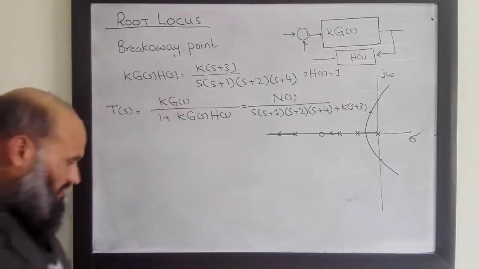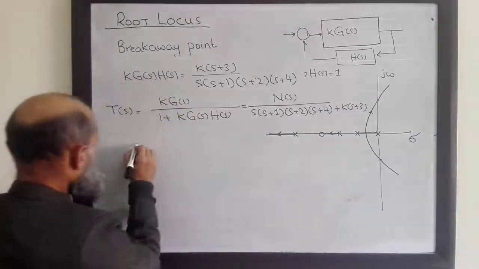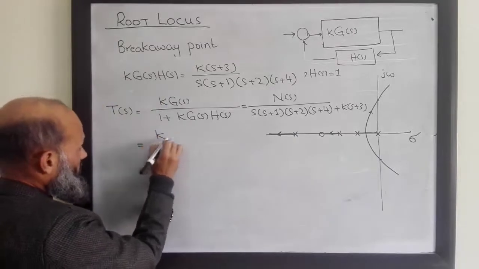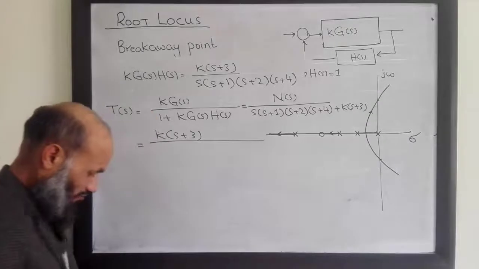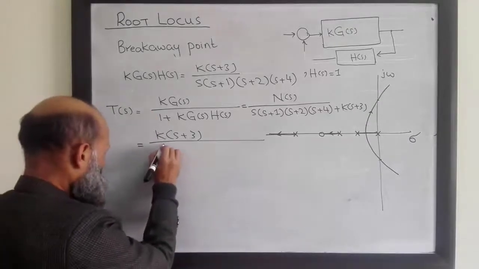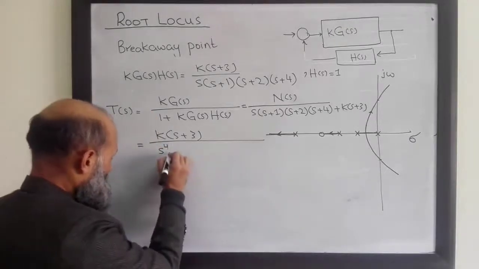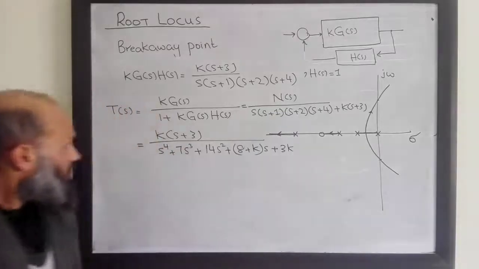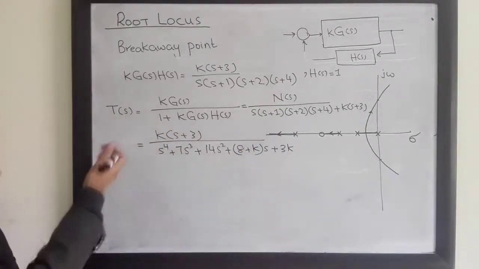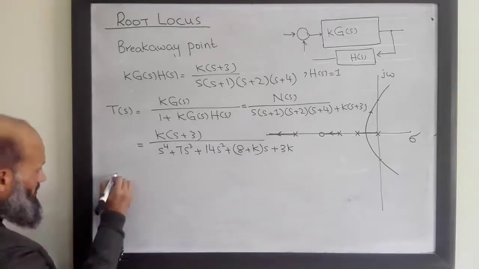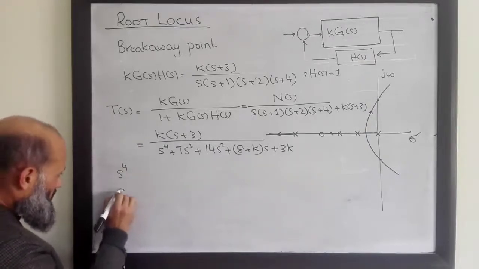If we rewrite it, this is given by k(s+3) over, after multiplication and simplification, s^4 plus... So after multiplication we get this expression. Now we can easily apply Routh's criterion and construct the table.